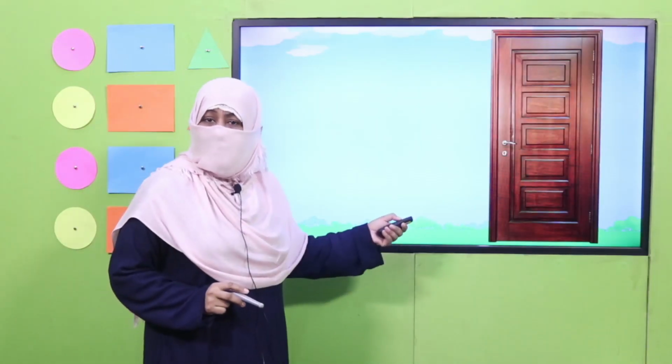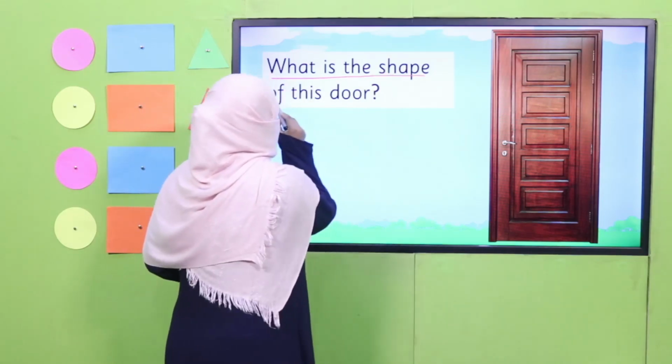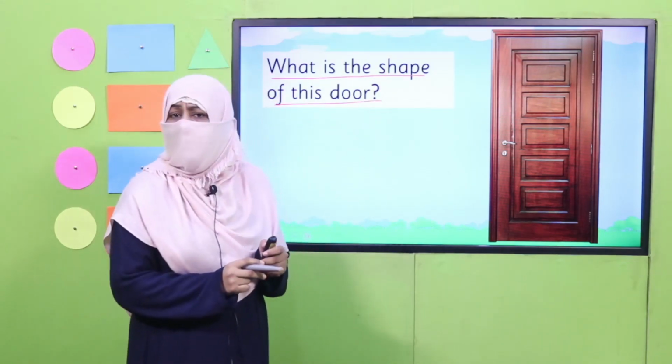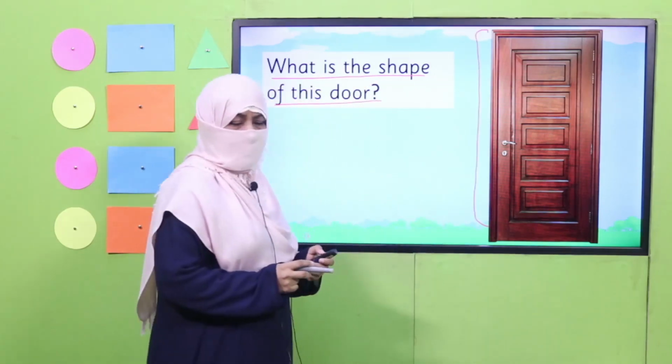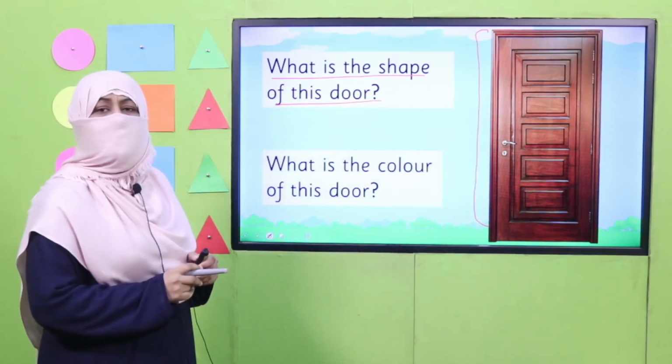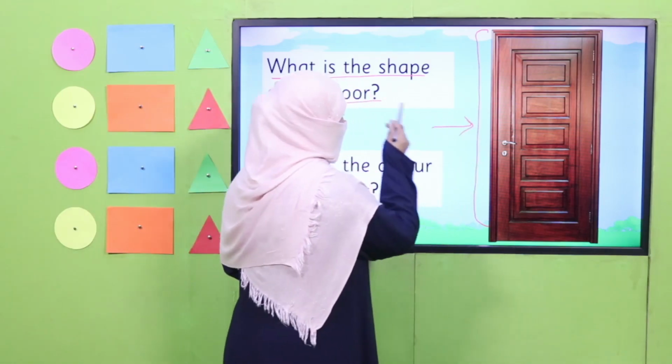Now, what is this? Look at this object and tell me, what is this? It's a door. What is the shape of this door? Do you know what is the shape of this door? Yes, it's a rectangle. And what is the color of this door? It's brown color.